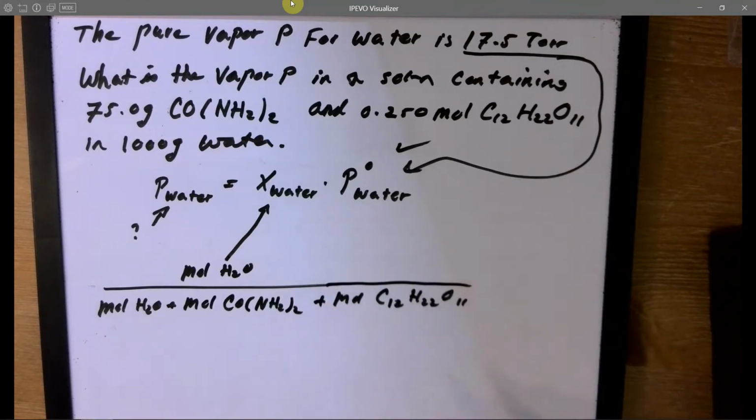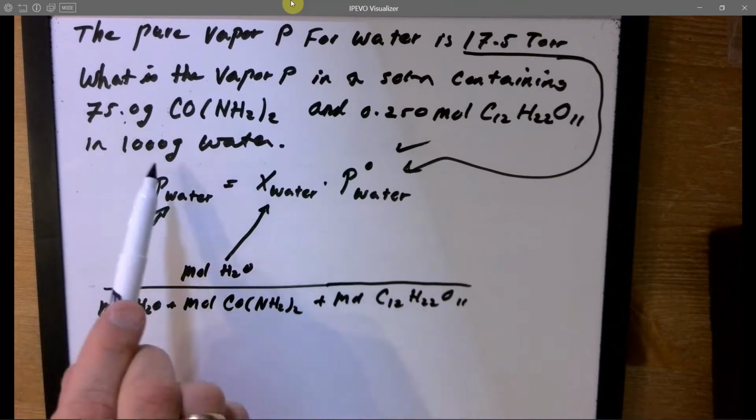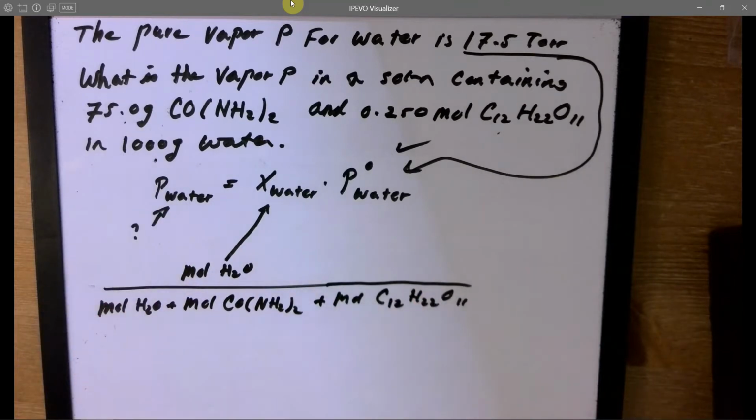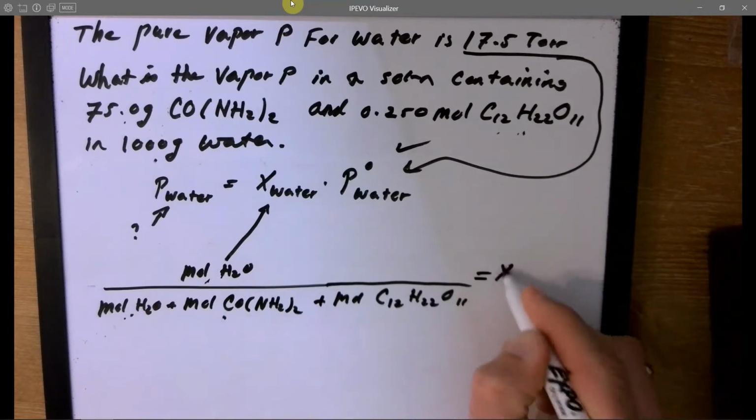Okay, it's just annoying because we were given different units. This is in grams, this is in grams, this is in moles. So at least this one is in moles, so we don't have to deal with it. But the moles of water we need to figure out, and the moles of urea. So let's do those, and then we'll put them back into here, and we'll be able to get our X. This is X water.